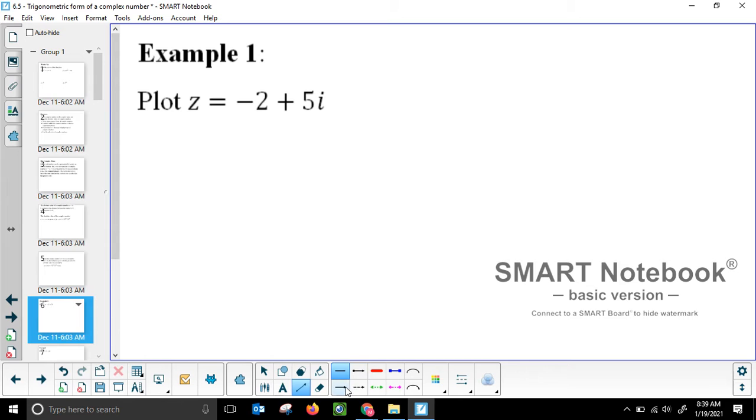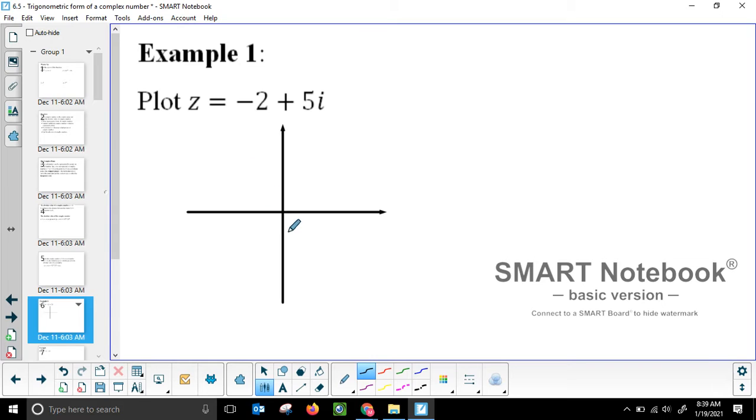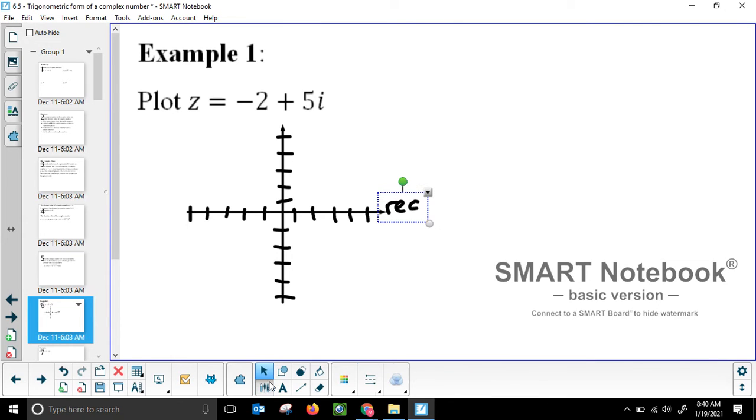First we will get some axes on here. All right, so this is my real axis.